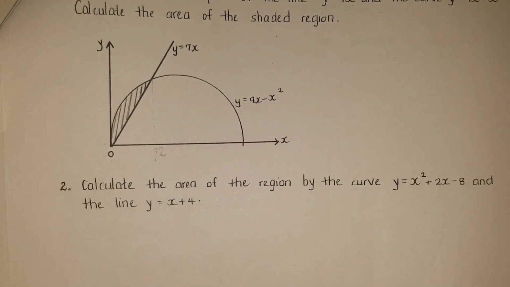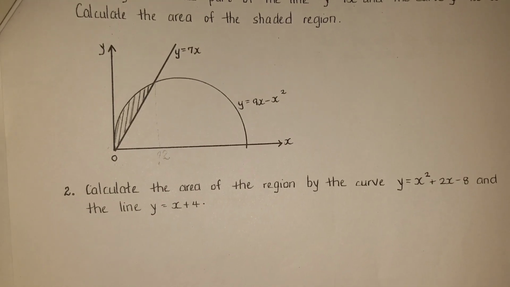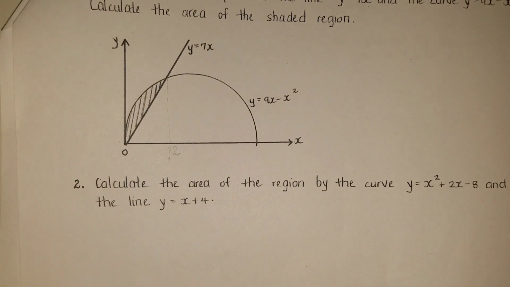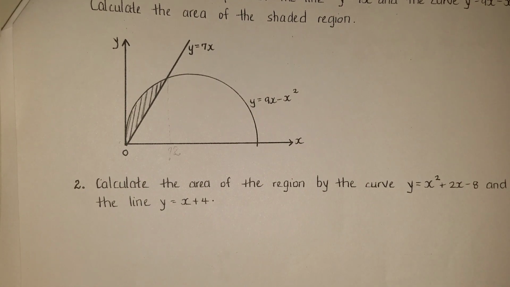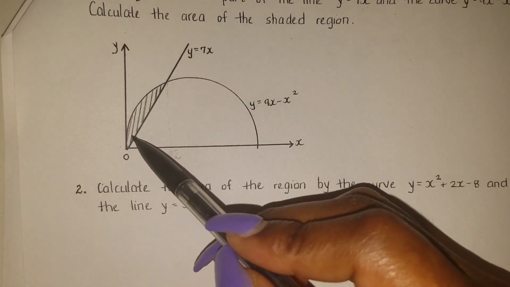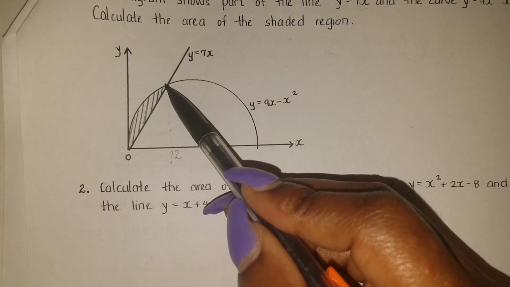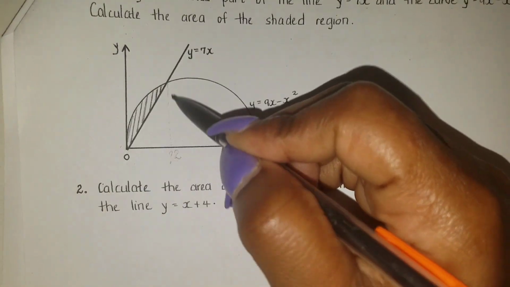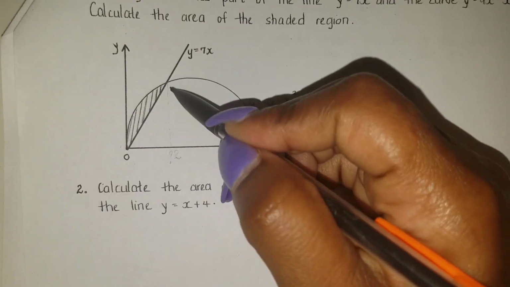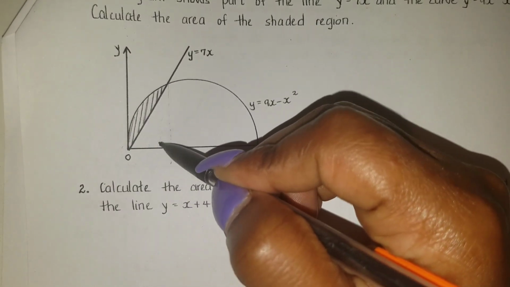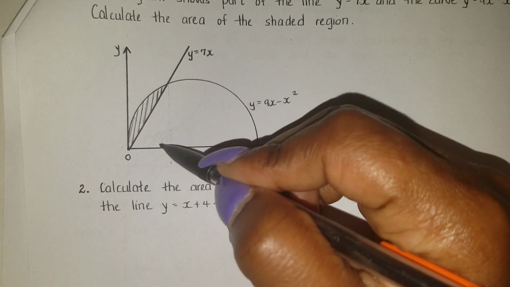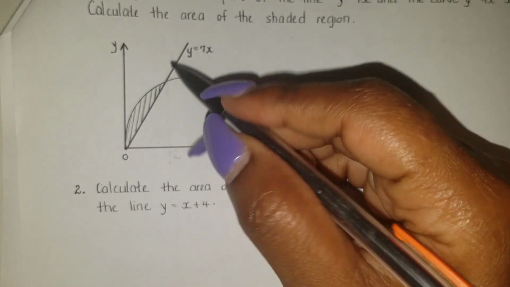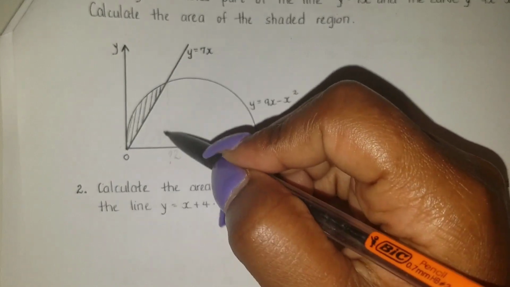Now, just as before, we need to subtract the smaller function from the larger function. Here we have our curve, and the area under this section of the curve up to the upper limit includes all of this, and the area under this line only includes this portion.